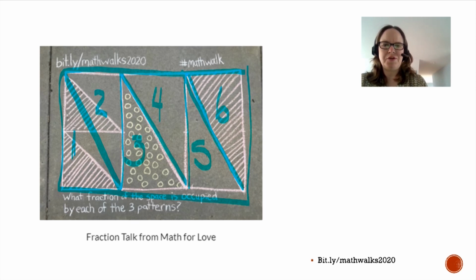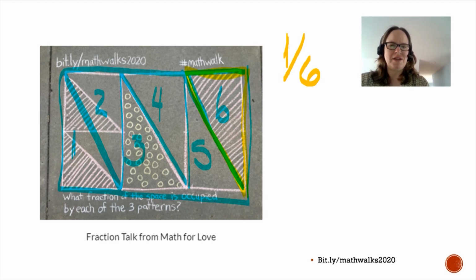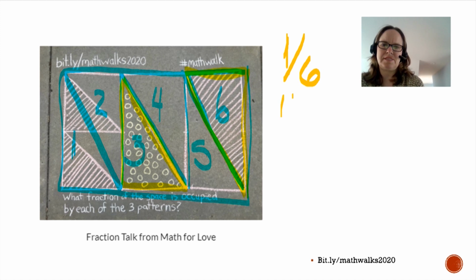So if I'm wondering how much of this one is shaded, I have 1 out of 6. So that would be 1/6 shaded. Well, if that's true for that one, I'm wondering if that is also true for this one. 1/6. So both of those shapes are 1/6.